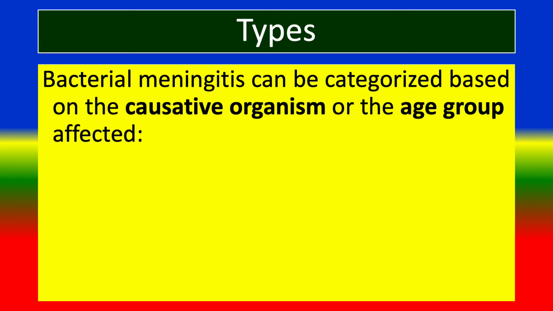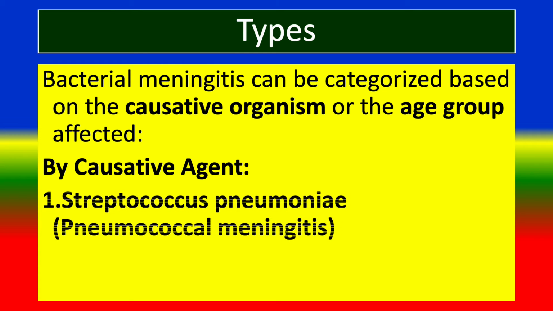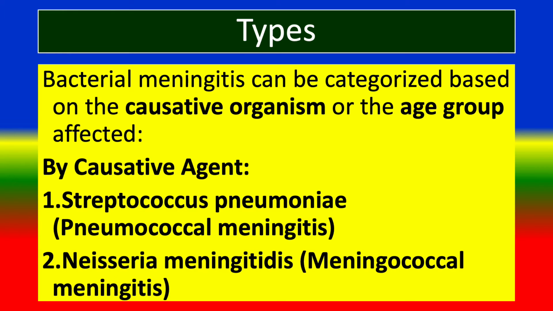Types. Bacterial meningitis can be categorized based on causative organism or the age group affected. By causative agent: 1. Streptococcus pneumoniae, pneumococcal meningitis. 2.